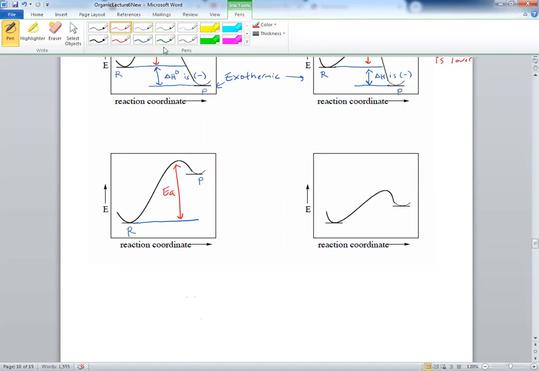And the difference between the reactants and the products would be delta H. So you should be able to tell me whether delta H is positive or negative now. Just subtract them. P is larger than R, so it must be positive, which is, of course, an endothermic reaction. So this is an endothermic reaction.